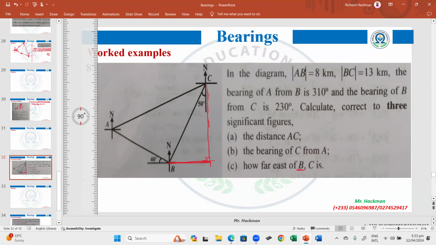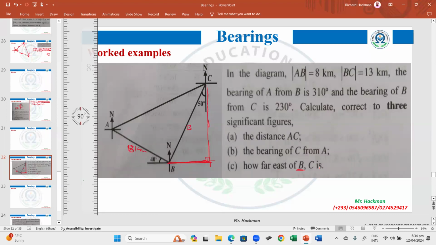This side will be known because some of the information hidden in the statement form here. So you are told AB is 8, and BC is 13. So you know this to be 13 km.